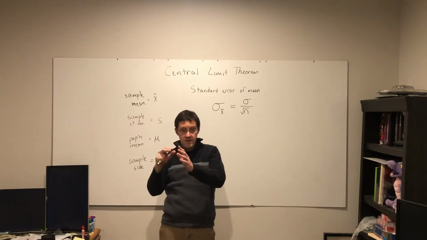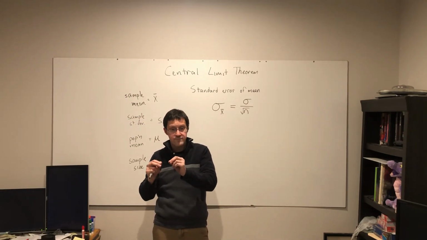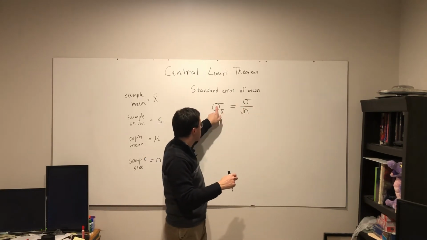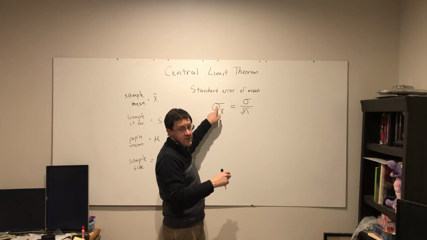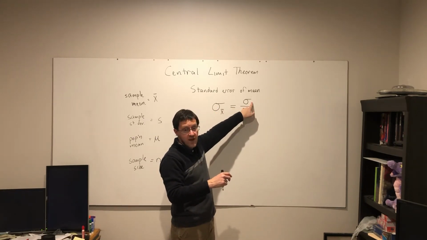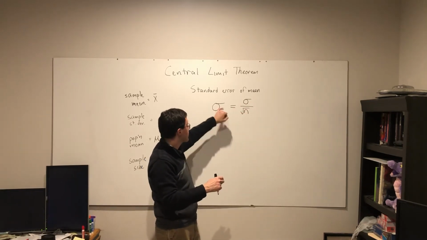It's going to be small and proportional with that standard deviation. So as this goes up, so does the standard error. If this goes down, a smaller standard deviation for the population, so does the standard error.